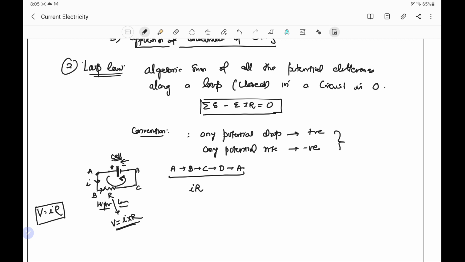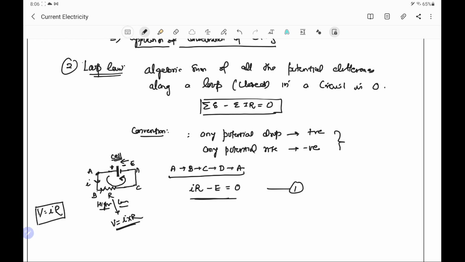That means here the potential is rising. Therefore, we will write minus E, if E is the EMF of the cell, and this sum will be 0. So this is the expression written as per Kirchhoff's loop law.